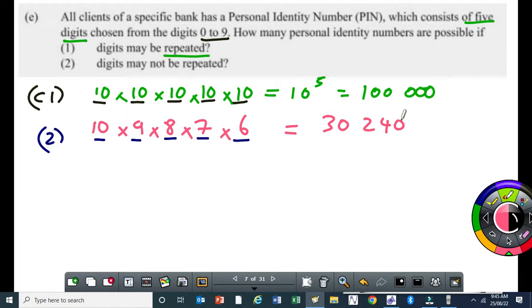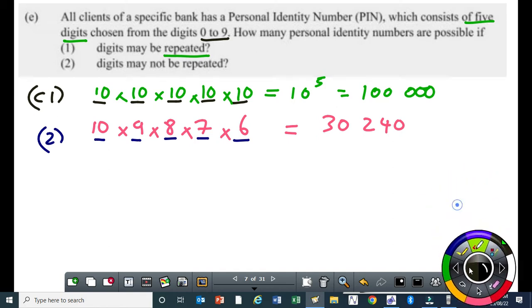Whenever there is repetition, you use the exponential form. And when there is no repetition, you use the factorial form. How do we know that it's the factorial form? You can see that there's a decrease in the number of digits at every position.